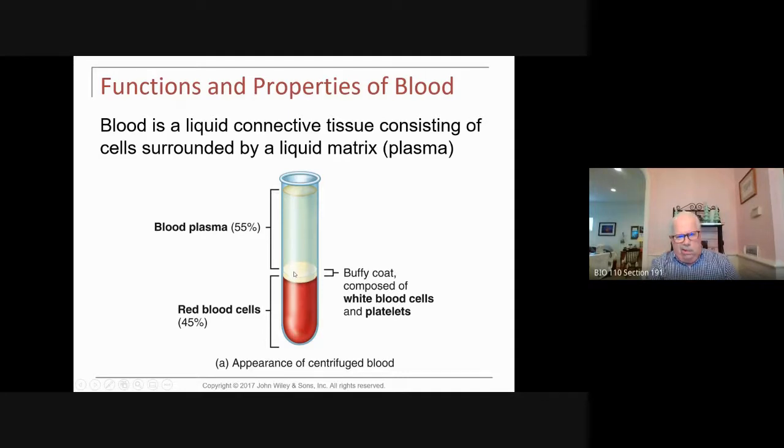Okay? Because it's blood. But the Buffy coat contains two important items: white blood cells and platelets. Now, we're going to talk about everything. We're going to talk about what's in plasma, the function of the red cells, and the Buffy coat.